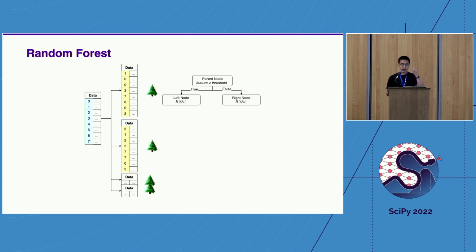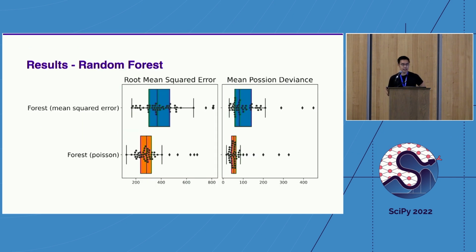Now, if we look at the results here, you can see the distributions for the Poisson ones on the bottom again, and the mean square errors on the top. You can see that the forest with Poisson also has the distribution shift to the left, but less so than the linear models, because the random forest has more capacity. It can just learn more about your data.